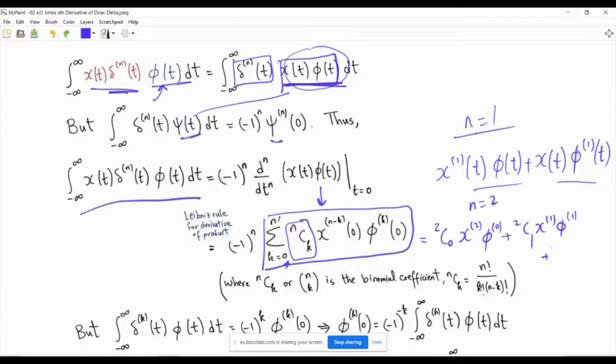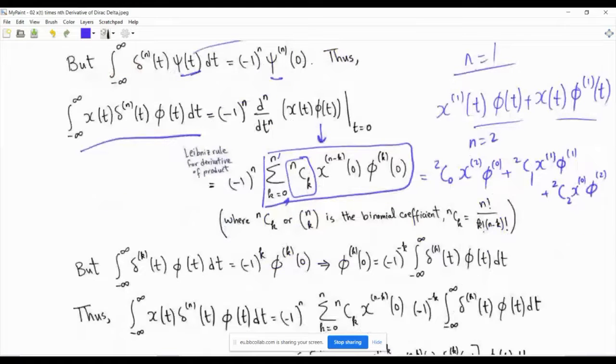And the third term will be 2C2, and then x superscript 0 between brackets, which means x itself, and then you have the second derivative of phi. And so on and so forth. This is a general rule, and you can prove it by something like induction.